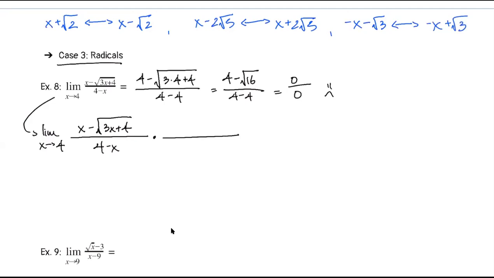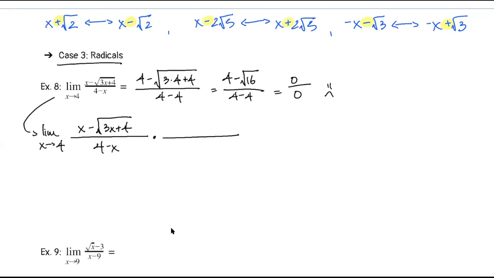Okay. So when we find the conjugate, the thing we are changing is the sign in between. If it's a plus in between, it becomes a minus. If it was a minus in between, it becomes a plus. But we don't change anything else. We don't change any of the other signs. It's just the one between the x and the radical.